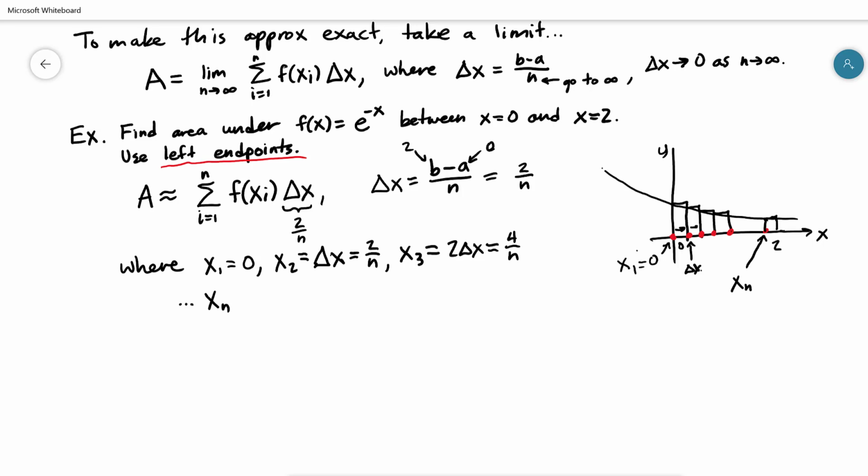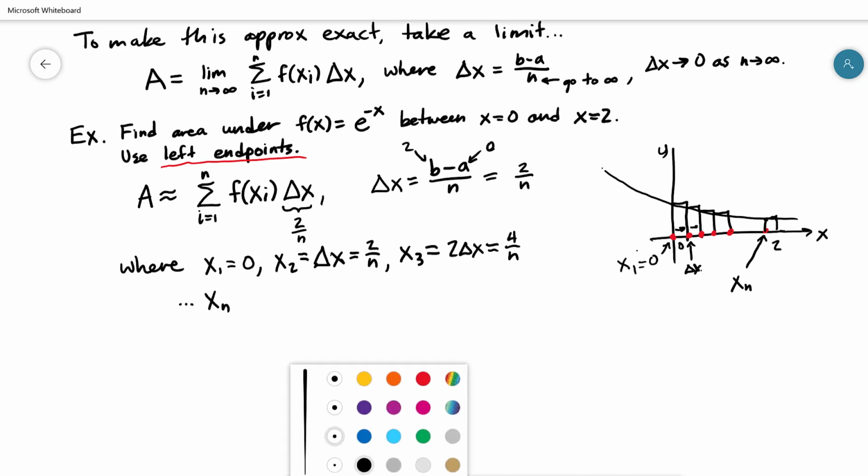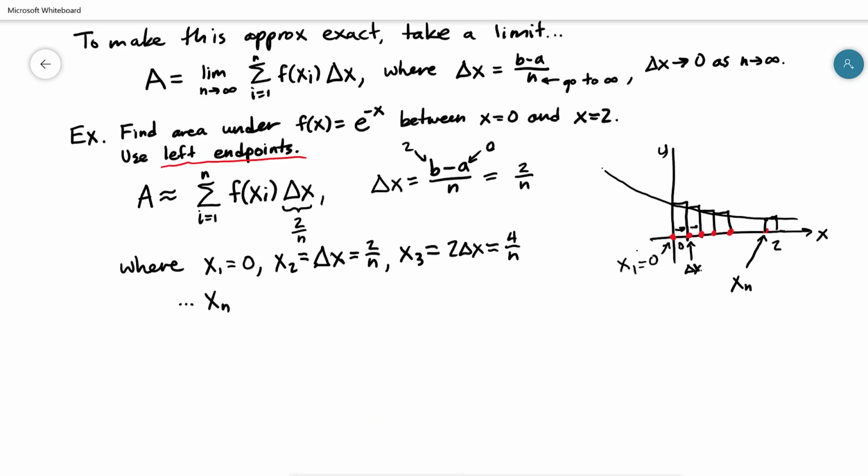It started at 0. The left endpoints get me all the way up to this point just to the left of the 2. Let me get the mouse out. This point right here is the one. So here's all the left endpoints. Left endpoint of the first rectangle, left endpoint of the second rectangle, left endpoint of the third rectangle, and so on. This is the left endpoint right here of the last rectangle.